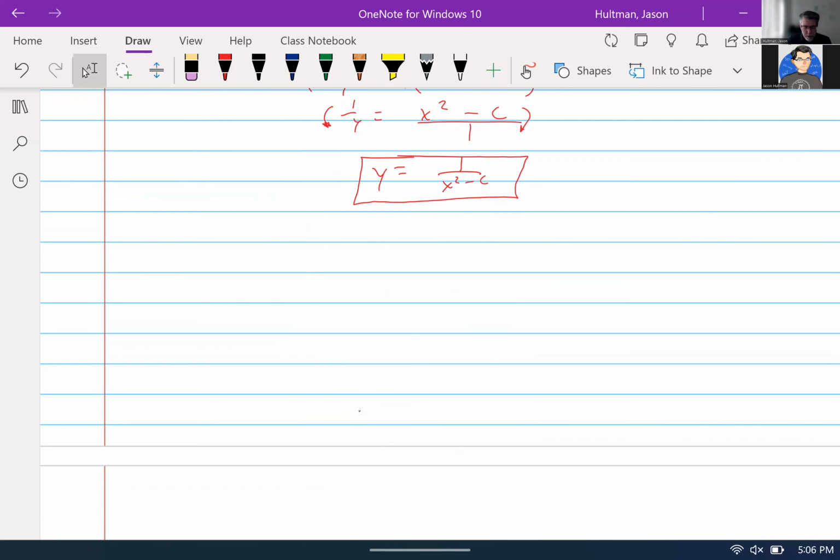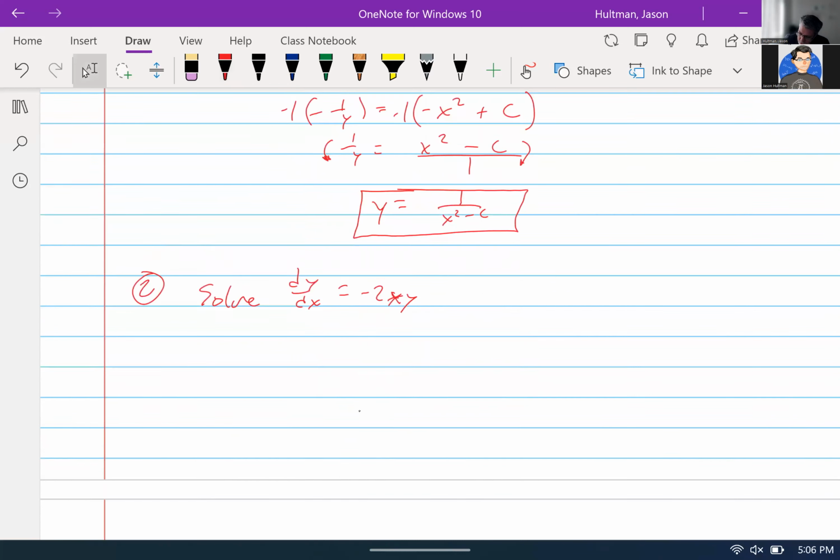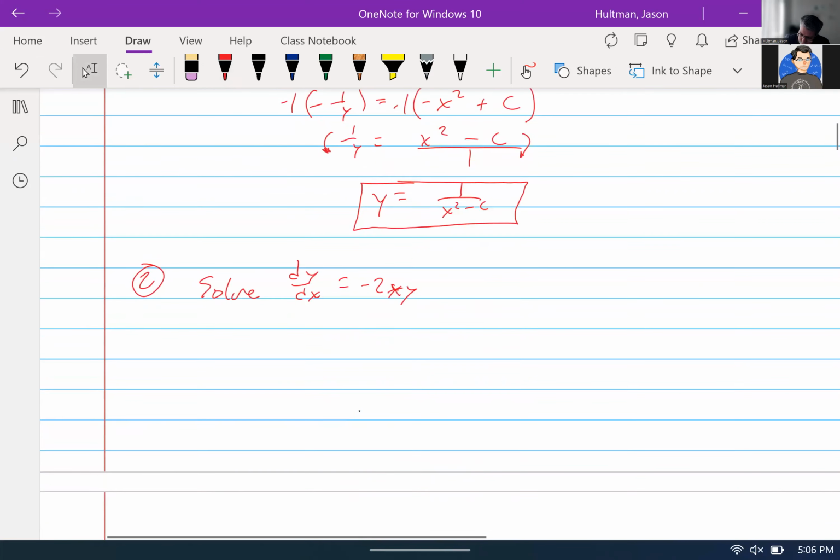Let's go over the next example. Number two is solve dy dx equals negative 2xy. This now has a y and not a y squared like we saw in the last problem.